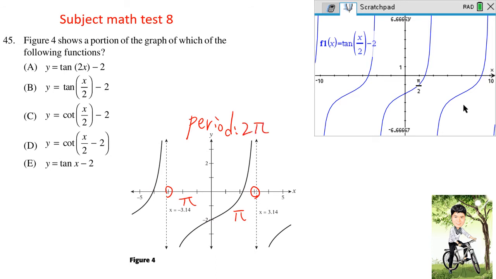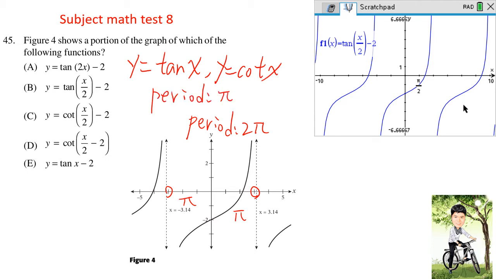We must know y equals tangent x or y equals cotangent x, whose period is pi. Therefore, we delete some impossible choices. Option E is impossible. The period is pi. Option A is impossible because the period is pi over 2, half of pi.